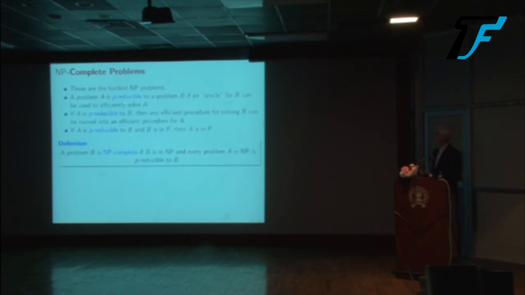The problem A is P reducible to B if we had an oracle for B that could be used to efficiently solve A, meaning solve A in polynomial time. In other words, if we had a black box procedure that solved B, where we don't know how it works, but somehow it comes up with correct answers, and we could use that to solve A efficiently, then we say A is reducible to B.